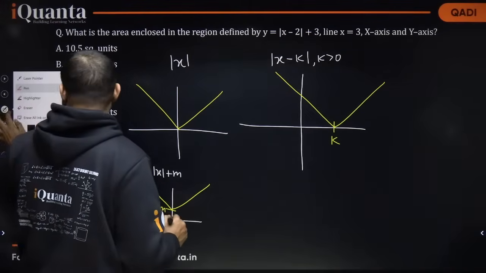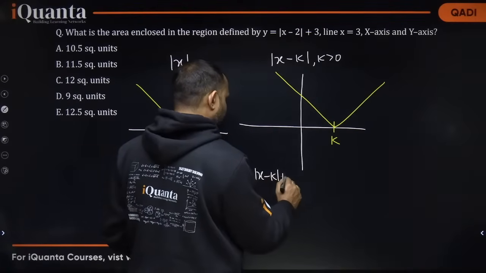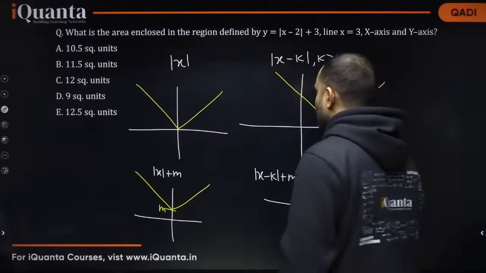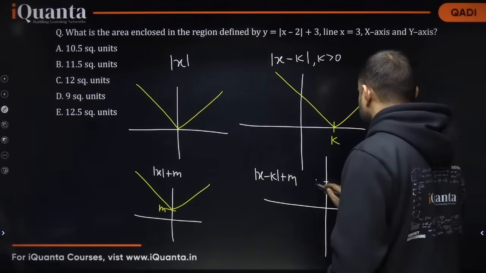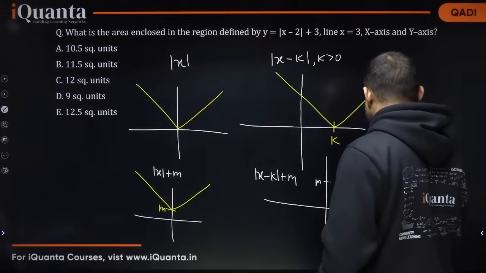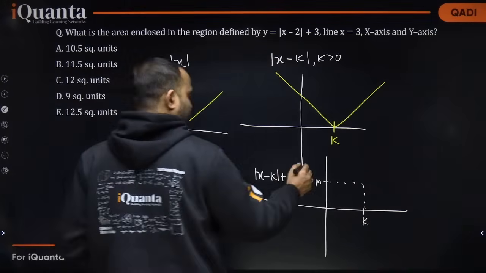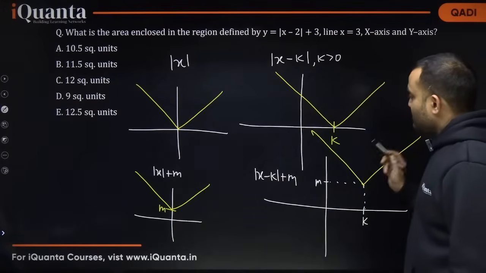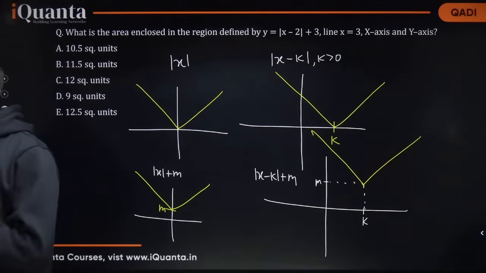Like this point will become m. And if you want to draw the graph of mod of x minus k plus m, then what will happen? The graph will go k units to the right and m units up. So now the graph will be this. This is the graph, guys. So if you know how to draw the graphs, then this question should be very easy for you.